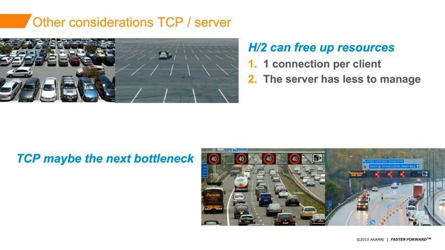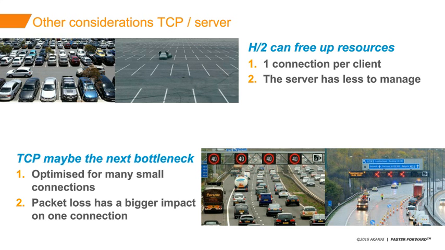As with all things performance, when you peel away one layer and improve one area, you may start introducing a bottleneck somewhere else. What we may start finding is that a lot of our TCP connections have been optimized for many small connections and small objects. Now, we're actually maintaining one connection that's essentially sending the whole web page down that one connection.